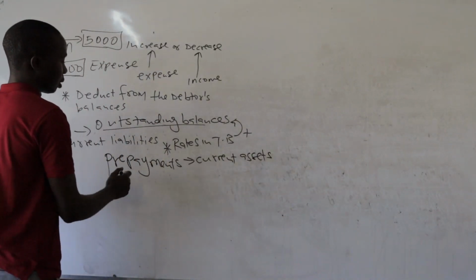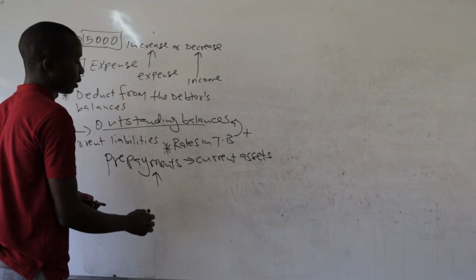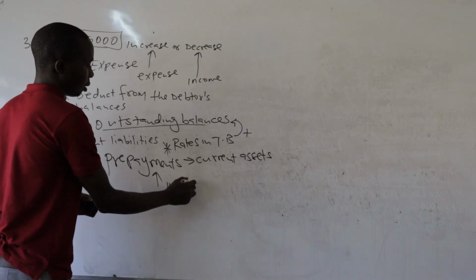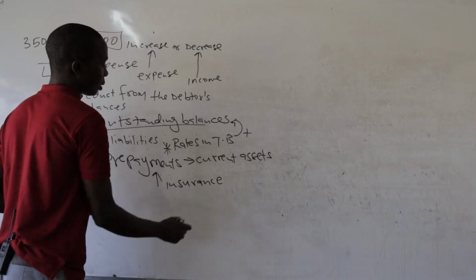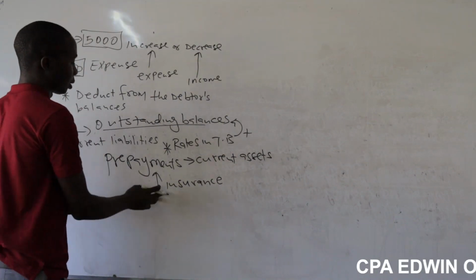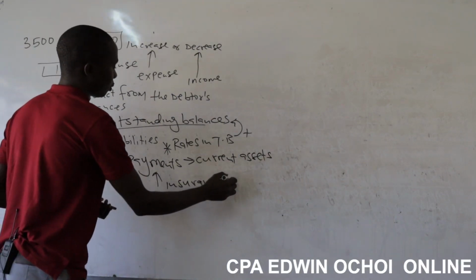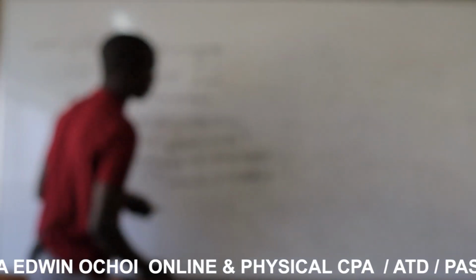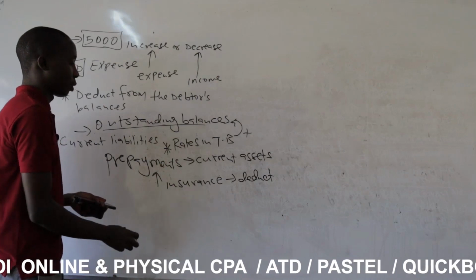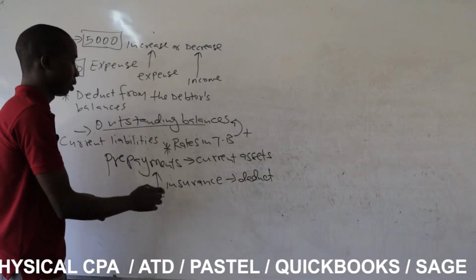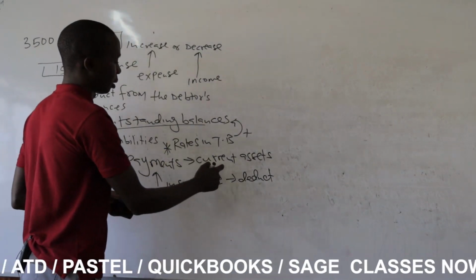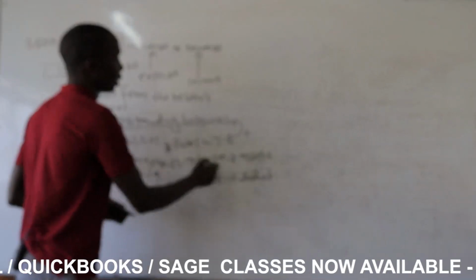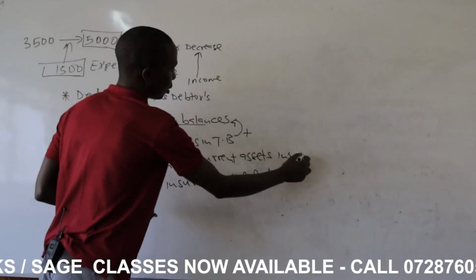So when recording the relevant expense, like now the insurance, when I will be recording insurance in the income statement as an expense, I have to deduct the prepaid expenses. Here, our prepayment was concerning insurance.